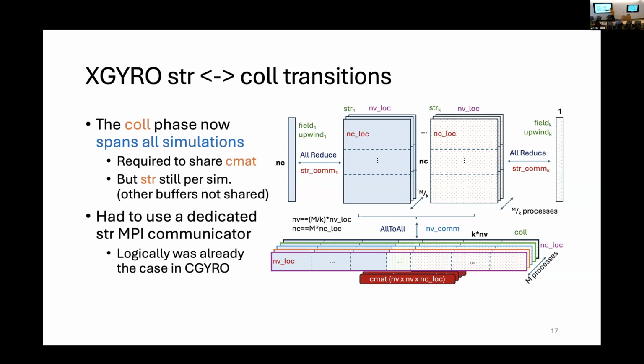So the collisional phase essentially uses CMAT to do the collisional step for all the simulations at the same time, and then you redistribute them back to their independent things, and they go independently again. So you have this synchronization point where you merge them together, and then they go separately.